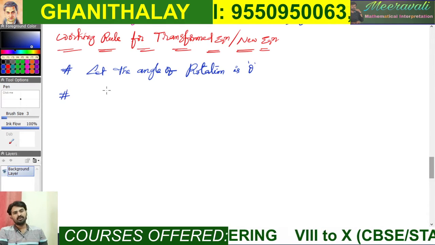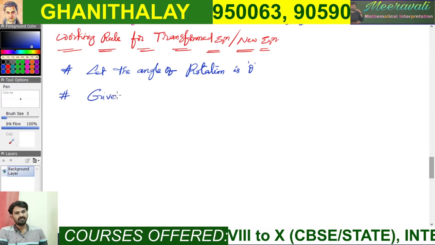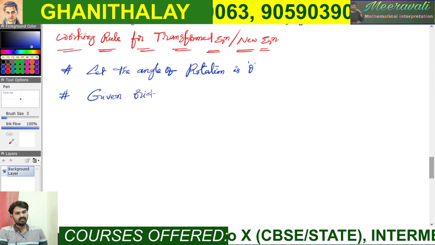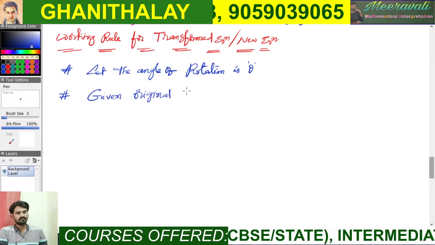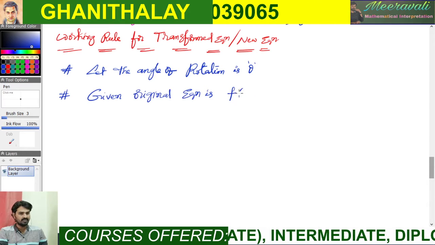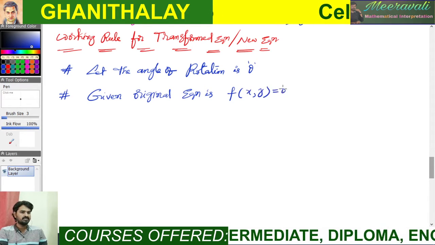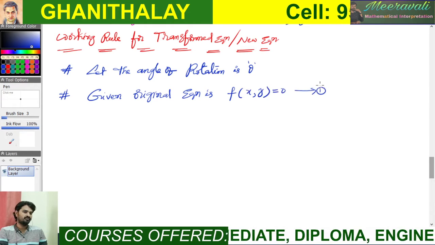But in the given problem, the original equation will be given. So the given original equation, you have to take in terms of small x and small y, as always. Let it be equation 1.